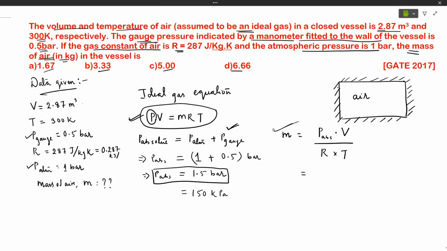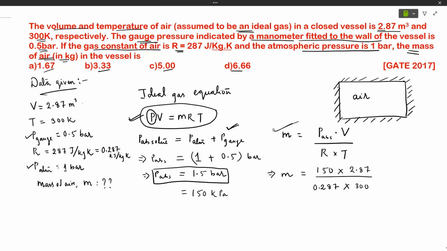Now we substitute all these values: in place of P absolute we substitute 150, volume is 2.87, R is 0.287 after unit conversion, and T is 300 Kelvin.